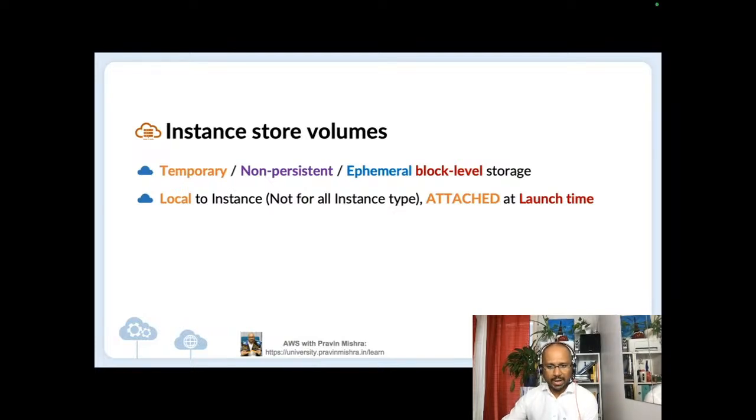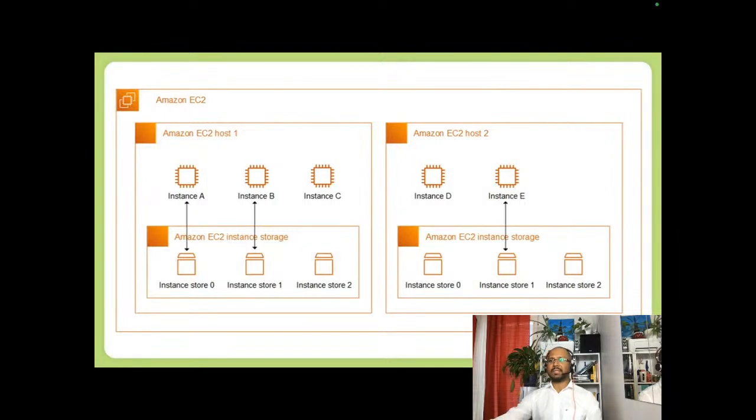Let's go back to the architecture and understand here. As I said, when we launch an EC2 instance and we need instance storage, we get instance storage from the host of our server.